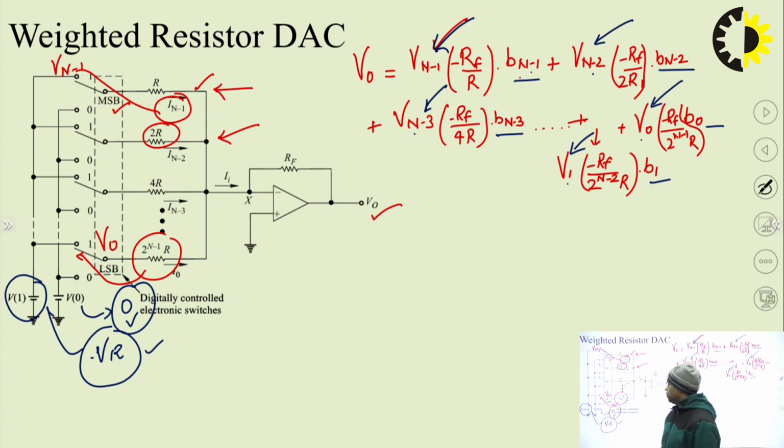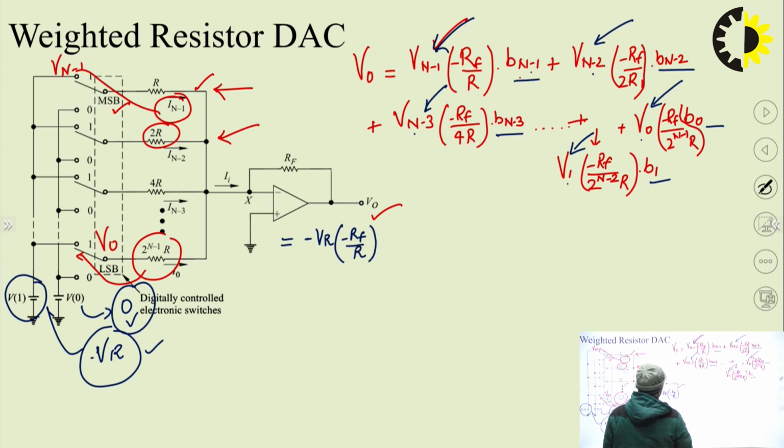So if you write the modified expression, we can simply write it as minus VR into minus Rf upon R into Bn minus 1.